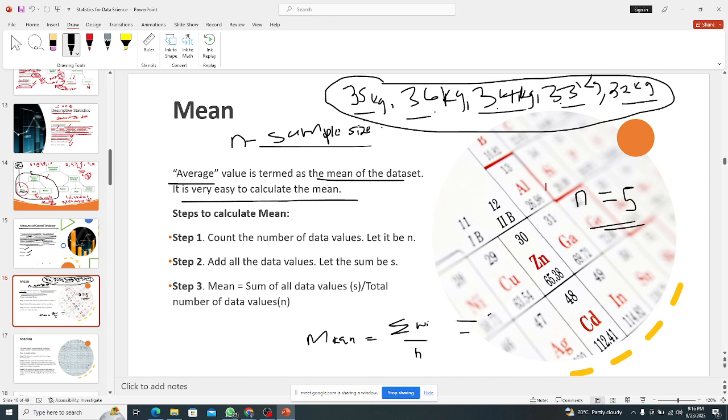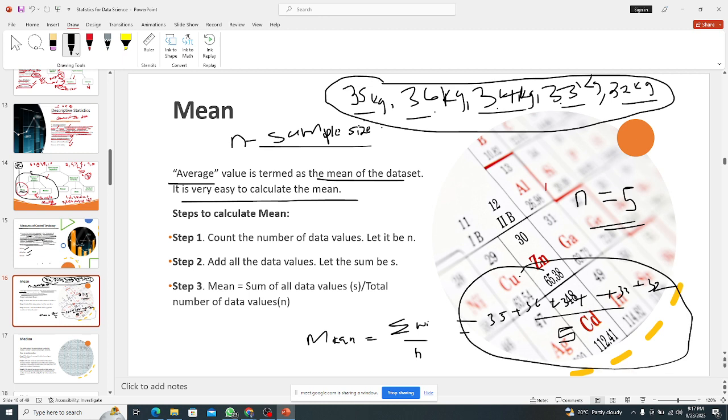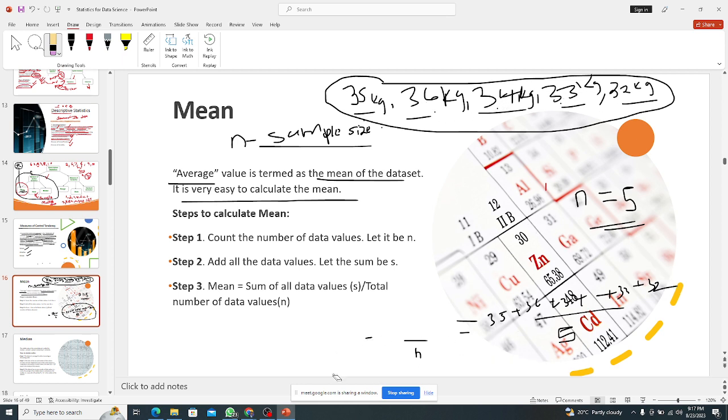In this case it will be 35 plus 36 plus 34 plus 33 plus 32, then divide by 5. Whatever value you get here will be our mean weight. Out of these 5 people, we have an average weight of that value.